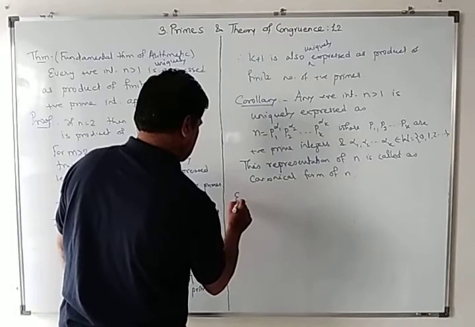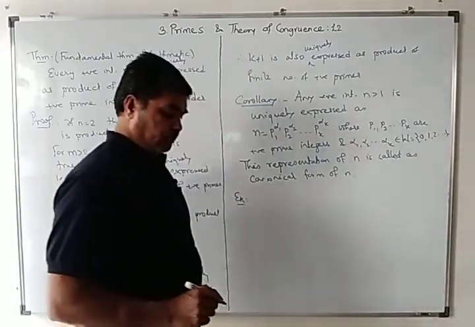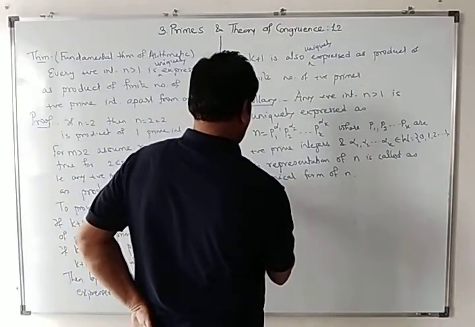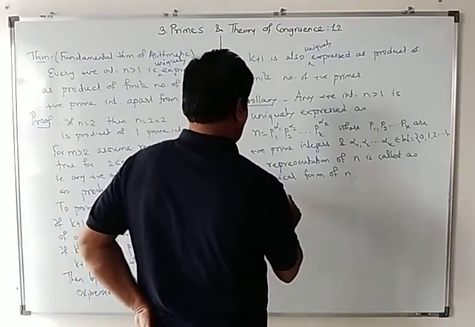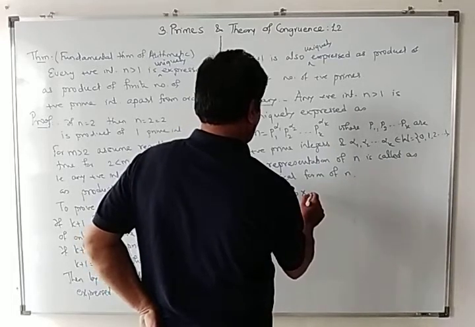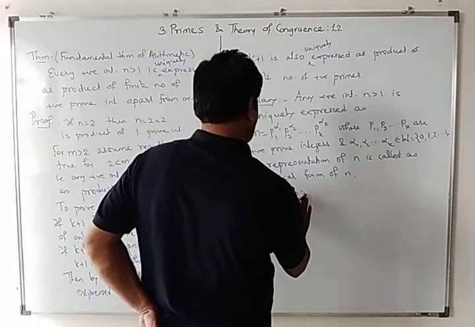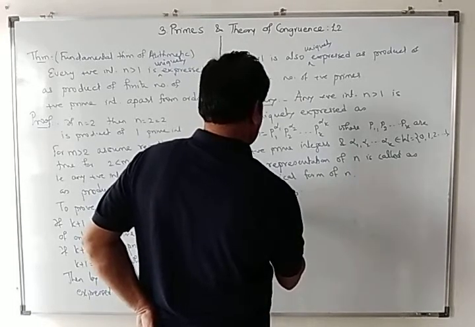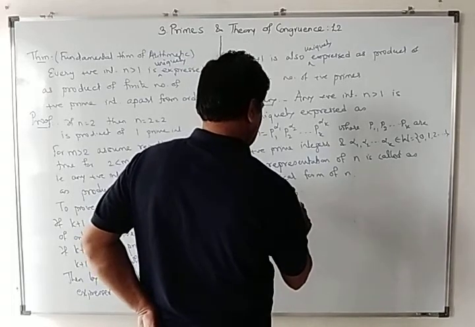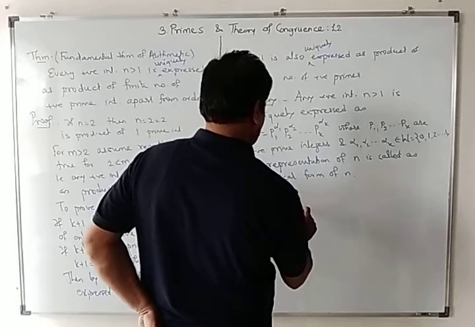For example, I can write 900 is equal to 100 into 9. Then I will write this as 9 into 4 into 25.